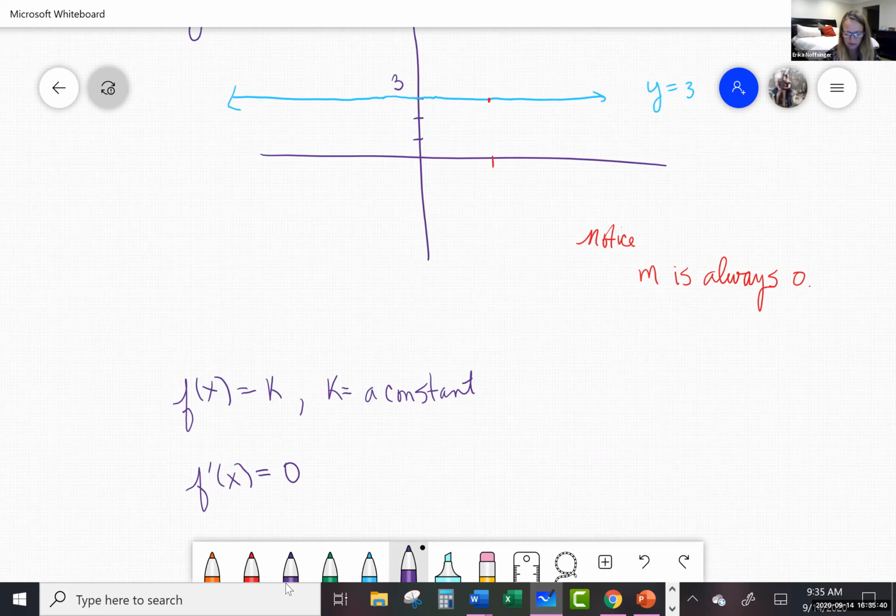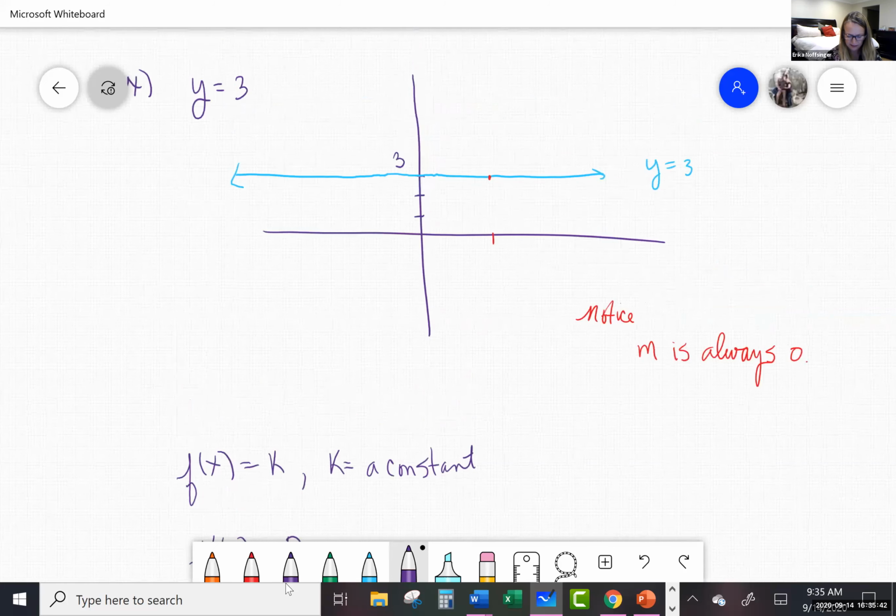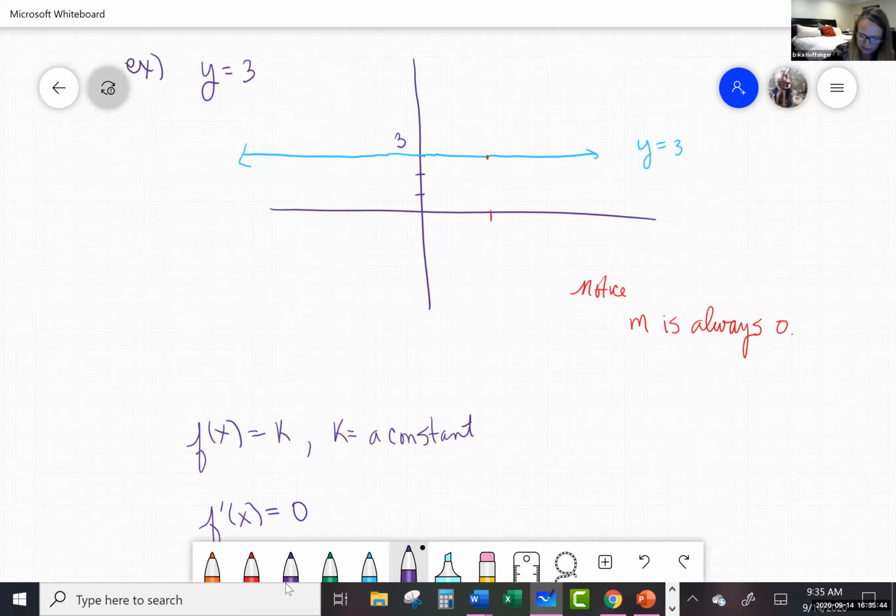And so that's kind of the reasoning behind that. If we graph some constant k, instead of that being 3, this is some value of k. Any point on that line you choose, that slope would be 0.